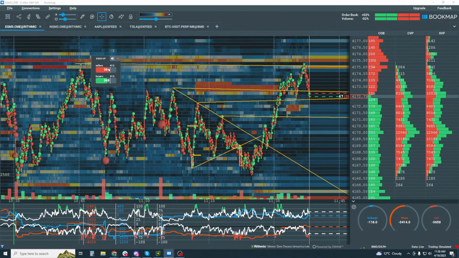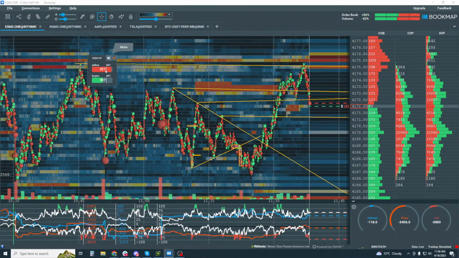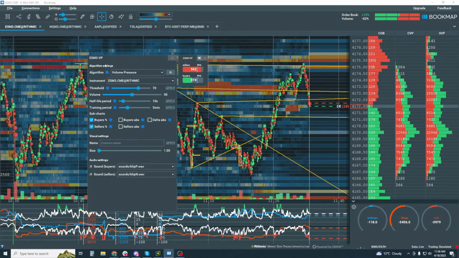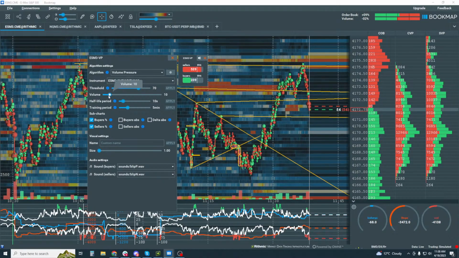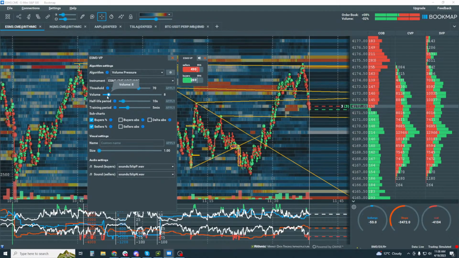Do you guys hear the sellers there? All right, see how it went above the 70 level, which is our threshold.